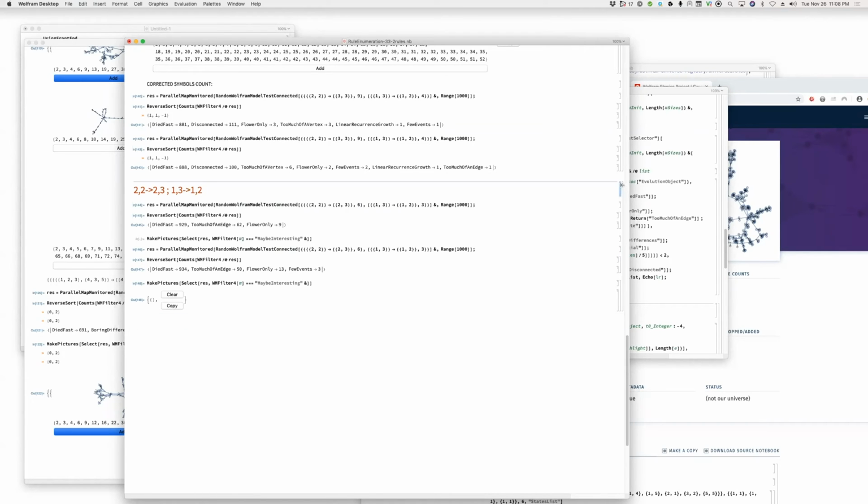Well, let's try a different thing here. Let's try something much more complicated. Let's try something like 2 goes to 4 3, 2 3 goes to 2 2. If you can give me some sizes there, that would be helpful.